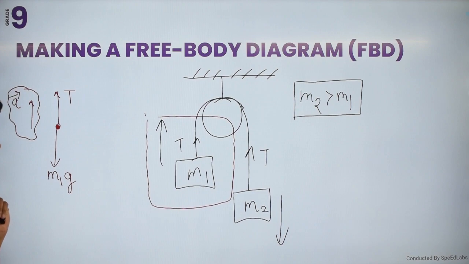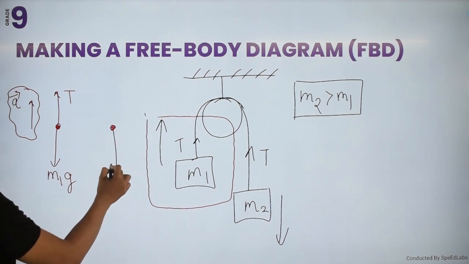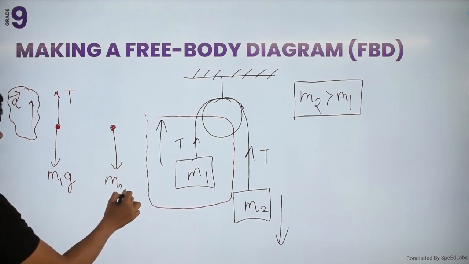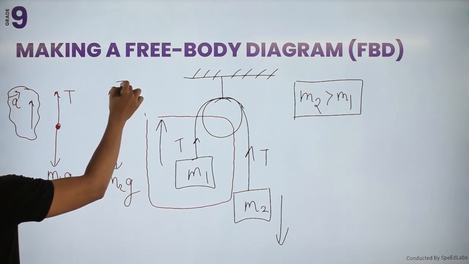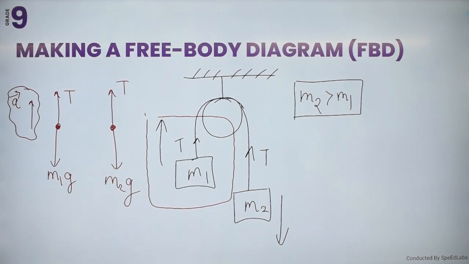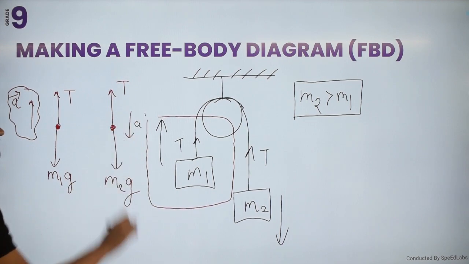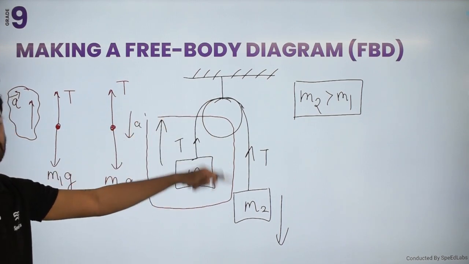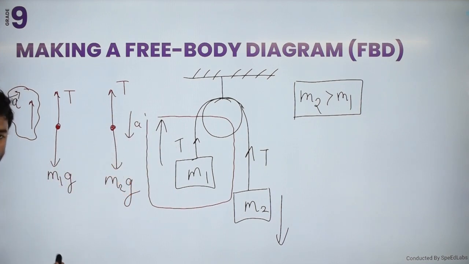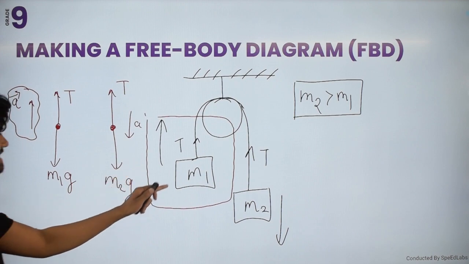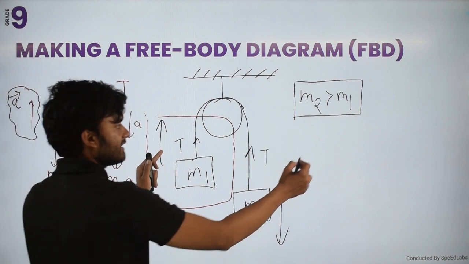Similarly, I can draw the free body diagram of m2 also. Here for m2, the earth will attract with m2g, and similarly there is a tension T in the upward direction. Now as you can see here, m2 will move in this direction with the same acceleration, because they are attached with the same string. So with the help of the free body diagram, I can write the equation. How? See here in the m1 case, this is going upward. It means the tension force has an effective resultant.